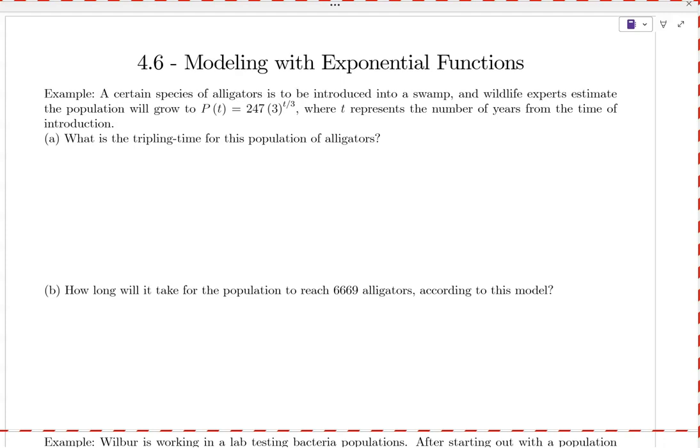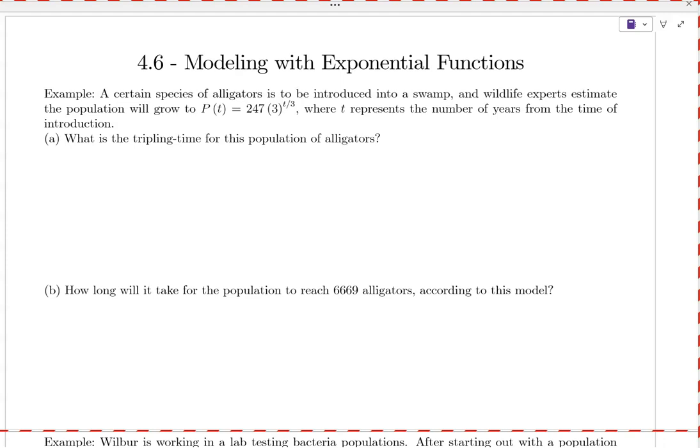Some of the problems, they just give you the exponential functions, or some form of an exponential function and ask you to do different things with it. So we'll see. Sometimes you'll be asked to find an exponential function. We'll do both types of those problems and answer different questions about them. So anyway, this one is modeling a species of alligator.